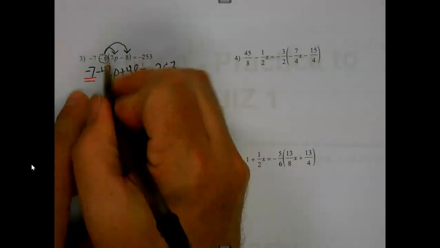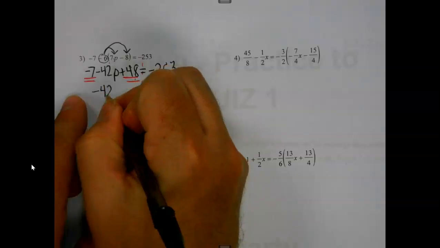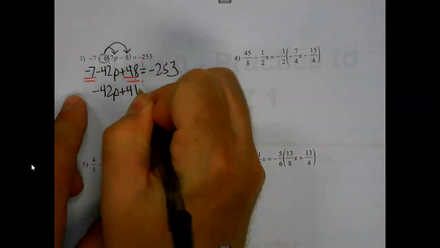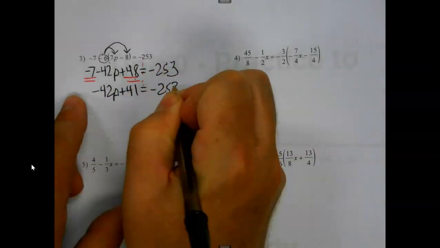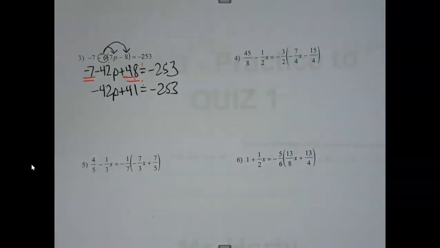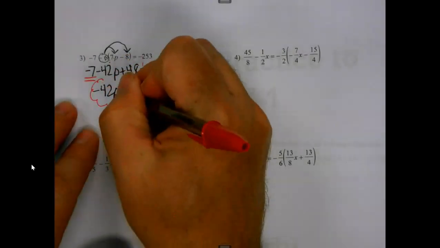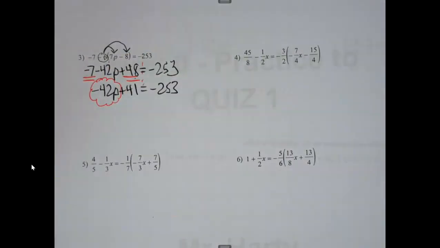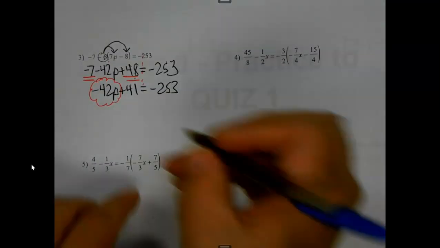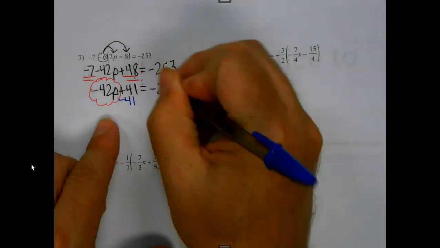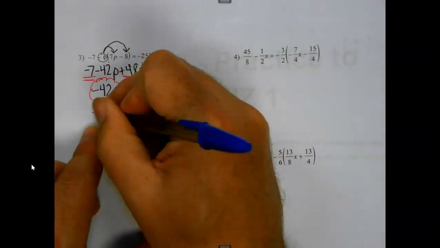I'm going to add these up. So I'm going to add those two together, -7 plus 48, get my value. And so now we just go into doing our opposites, and we can get to the answer. And I have posted the answers to this on Classroom as well.